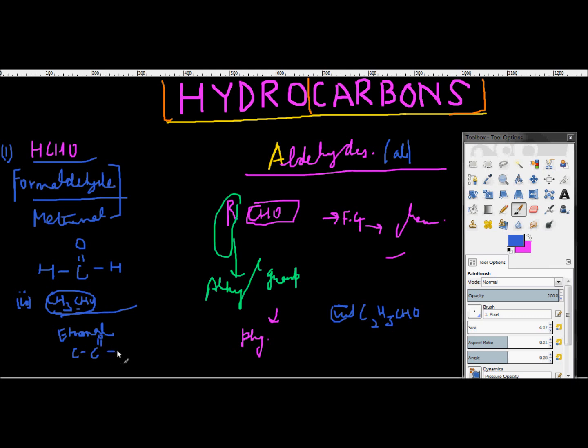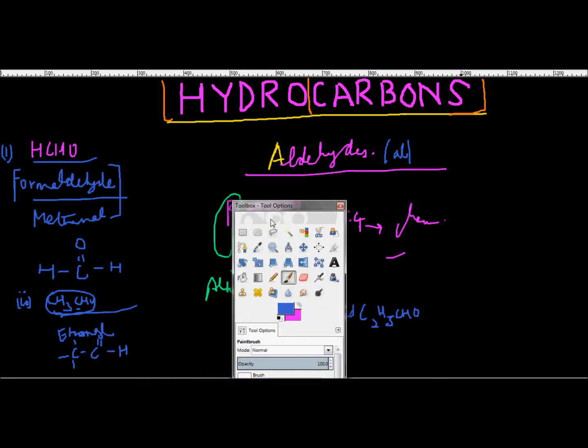I'm sorry, I ran out of space. So this is your CHO, and CH3, right? So there will be three C's over here. That's the easy part, and that's the only part you need to know in aldehydes.